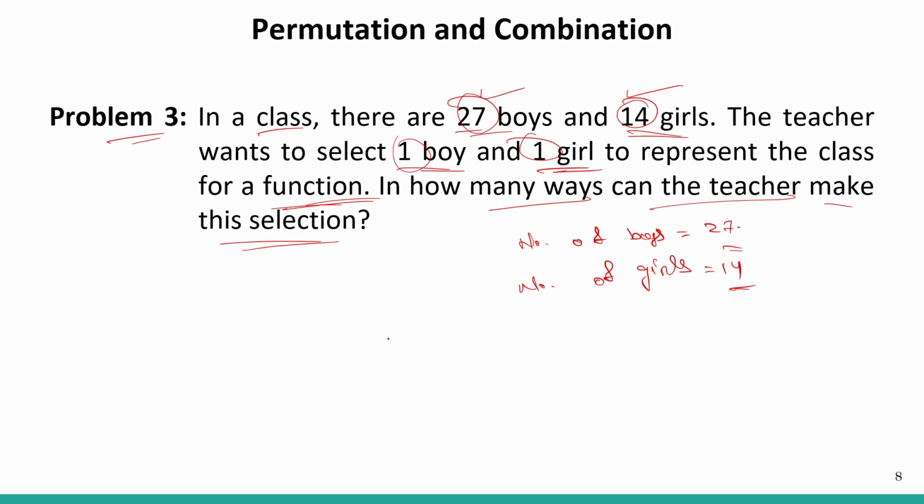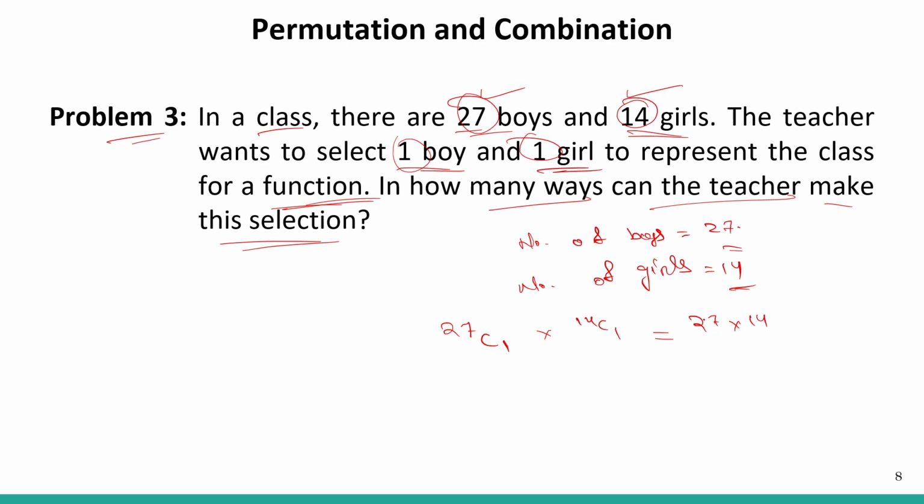So it will be 27C1 ways. And choosing one girl out of 14 will be 14C1, right? Multiplying these two, we are left with 27 into 14.